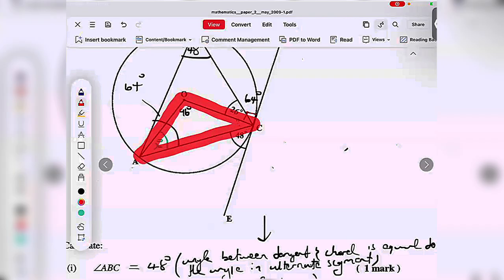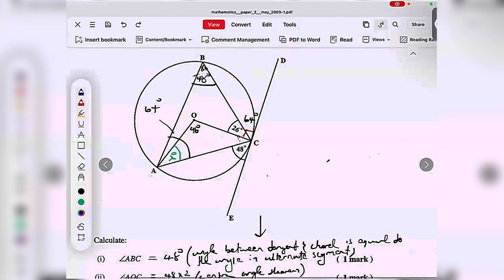Okay, right. That is correct. So how do you know it's isosceles, by the way? What reason do you have to say that? What makes you say it's isosceles?